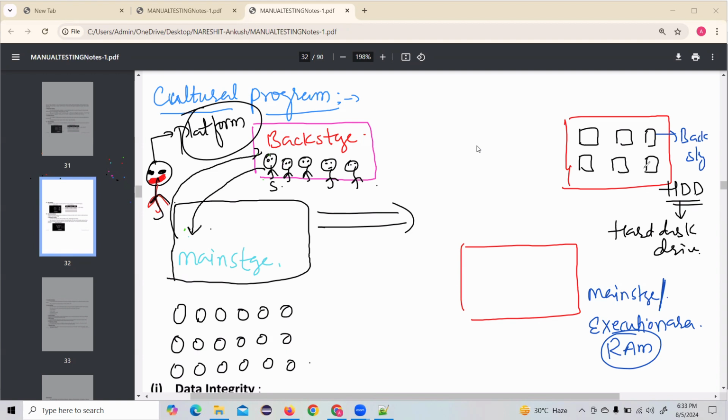Hard disk drive. So one by one applications will come. They will execute where? In the RAM execution area. If your RAM is very big, then the application will execute very fast. He's sleeping, Rajkumar.